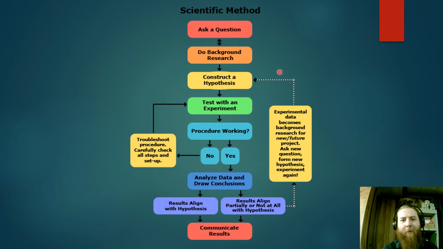So you'll go back up and ask, did I ask the right question? Was "why does it rain" the right question? Or is "why does it rain when it's cold" a better question? Which one is what I'm actually testing? What is my experiment actually looking at? Sometimes you can go back through this process 4, 5, 6, 7, 300 times until you finally get to that communicate results part.